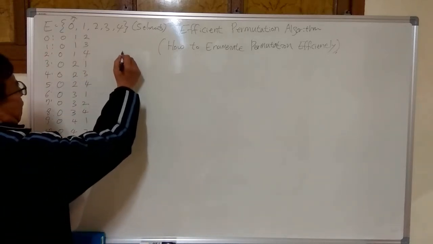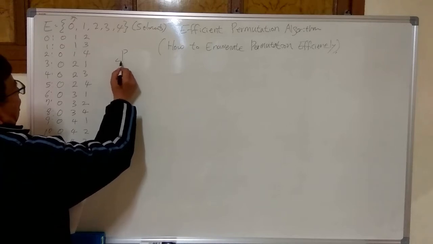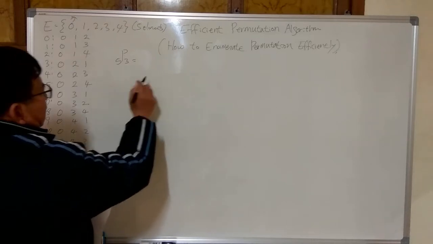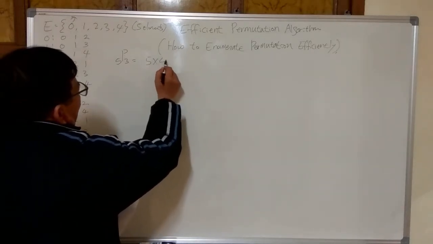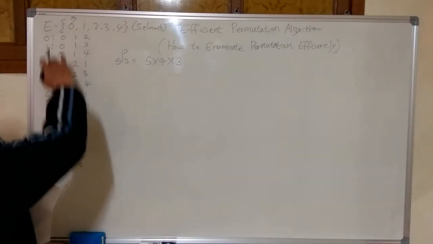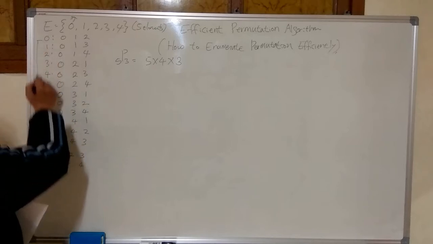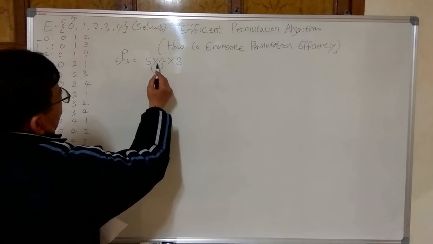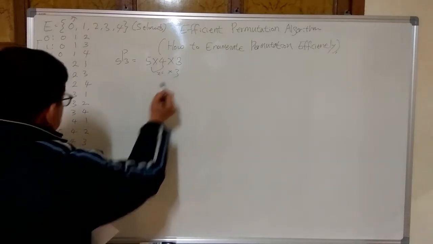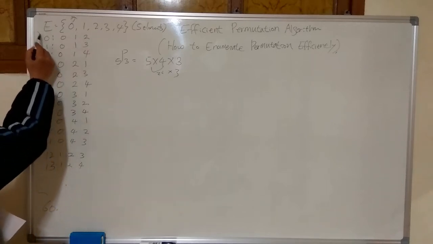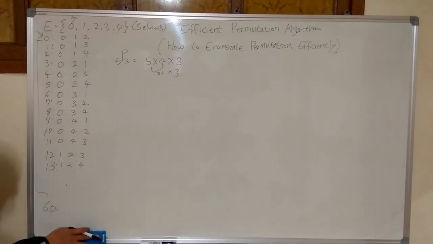We are saying out of 5 elements, we are choosing 3. How many different ways? It is computed like this: 5, 4, 3 ways we can make such a list. It will be 60. Because we started with 0, the last one would be 59.